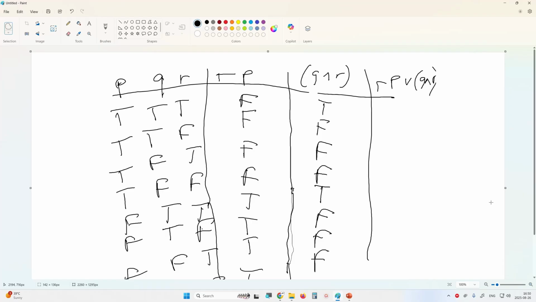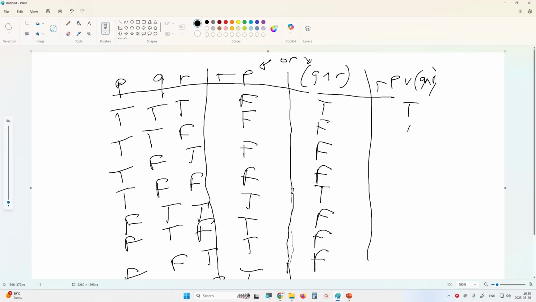Okay, so now I need to have an or between this one and this one. And with the or, how does it work? If one of them is true, the result is going to be true. The only time this is going to be false is if both of them are false. And now I have F, T, that's going to be true.